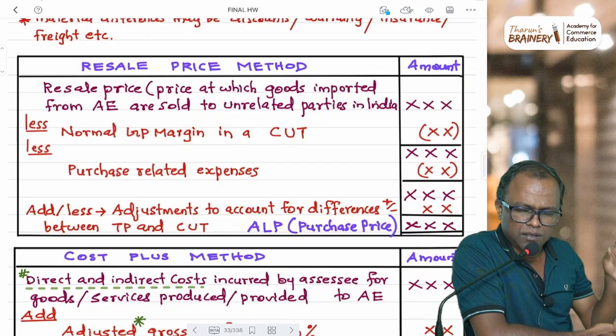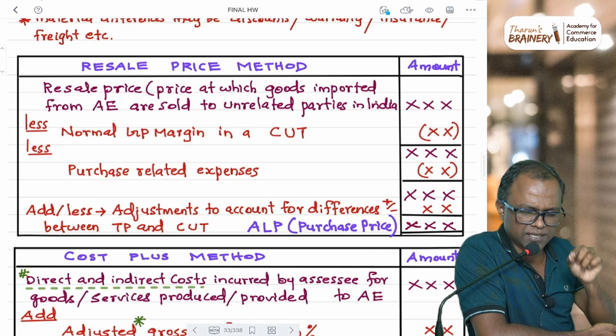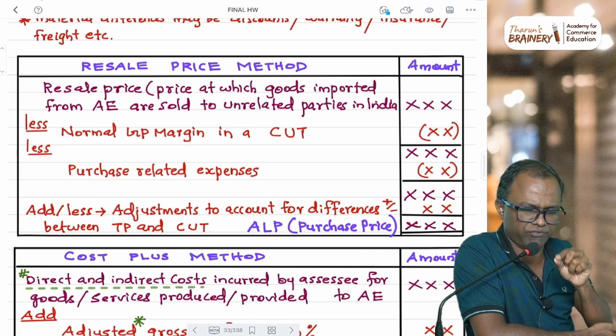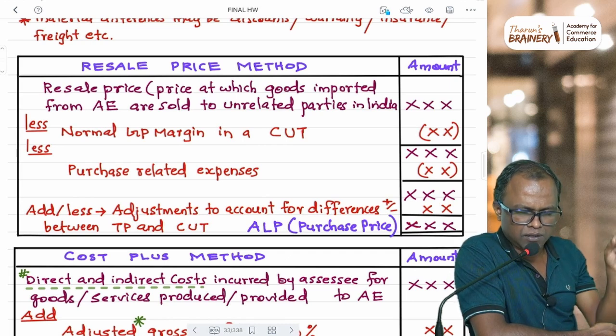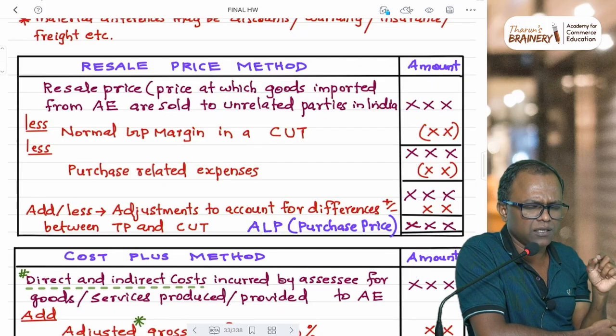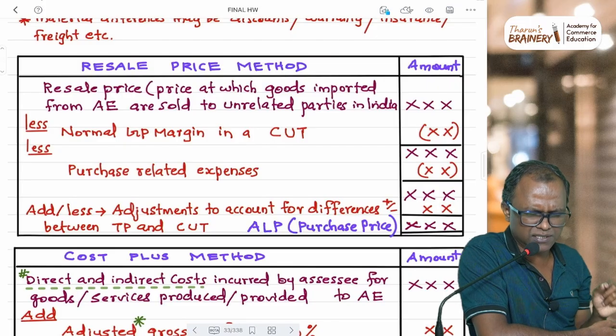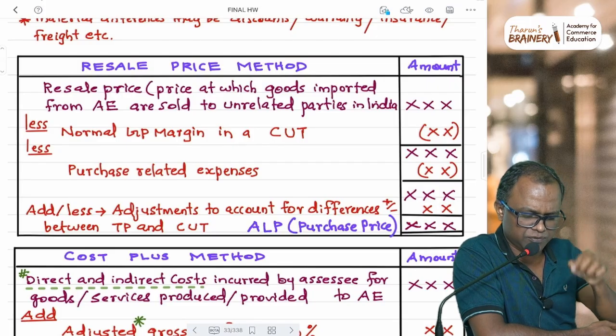Then from this price, reduce the expenses incurred in connection with the import from the related party. At the time of the original import from the related party, what are the expenses incurred? For example, customs duty, freight, transit insurance, ship demurrage charges. These types of import related expenses we have to reduce.